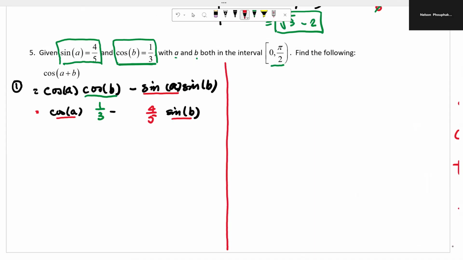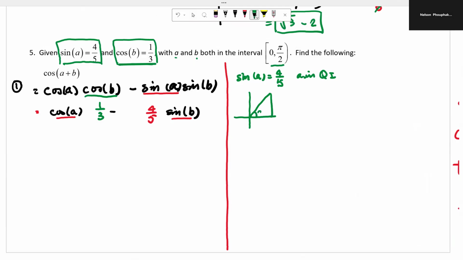If you remember how we work out this problem, you have sine of A equal to 4 over 5. And A is in quadrant 1 because it's between 0 and pi over 2. Then I could draw a triangle.